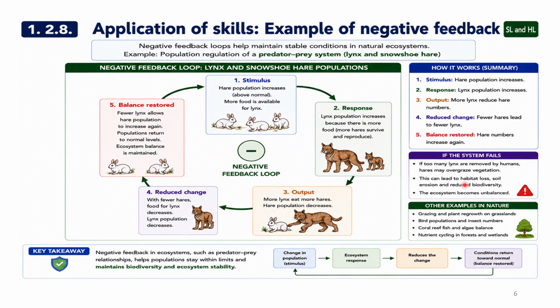Similar negative feedback mechanisms operate in grazing ecosystems, coral reefs, and forest nutrient cycles. The key takeaway is that negative feedback maintains ecosystem stability, resilience, and biodiversity by preventing uncontrolled population growth or decline.